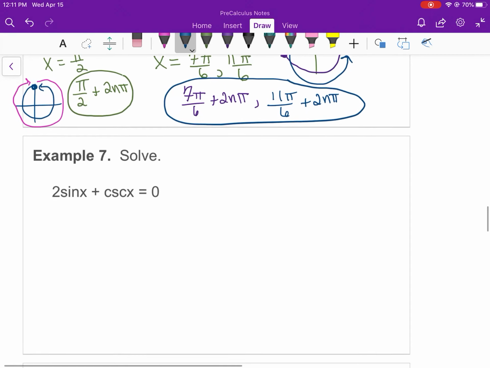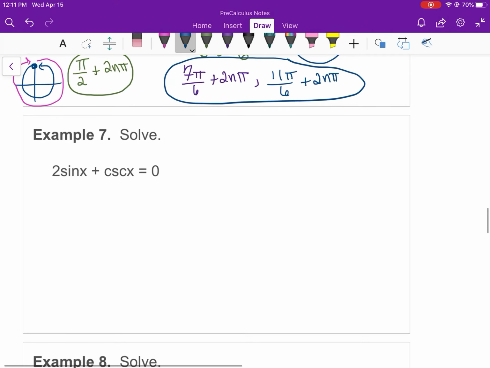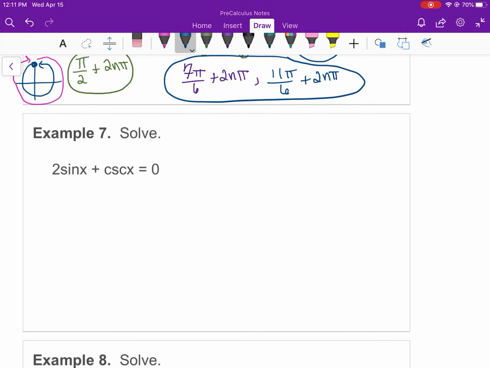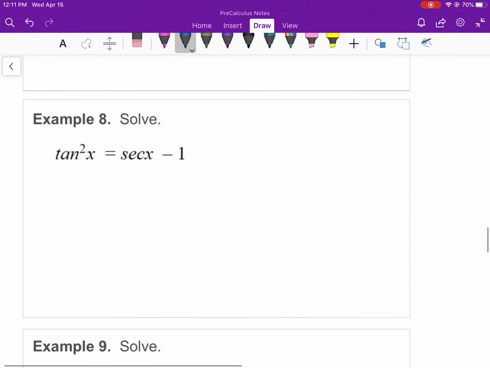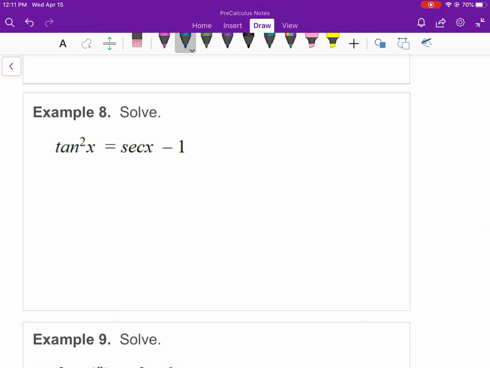All right. We're just going to skip over number 7. There's some other things I want to show you that are more important than that one. Let's go ahead and do number 8. All right, you guys have been doing a lot of Pythagorean identity substitution. So if I take out tangent squared, what would I put in its place?